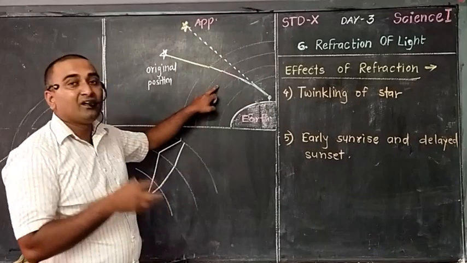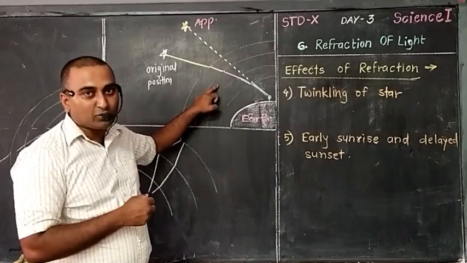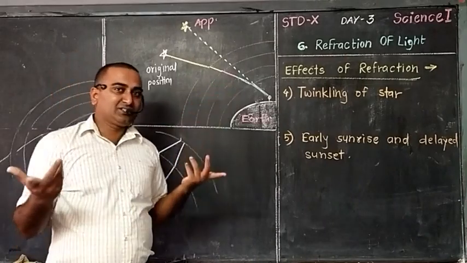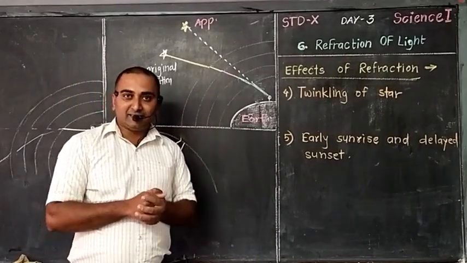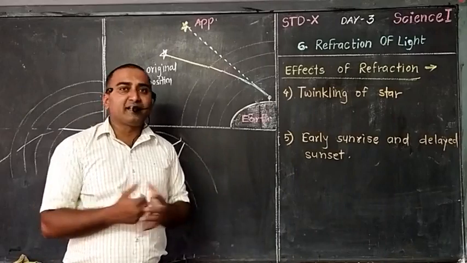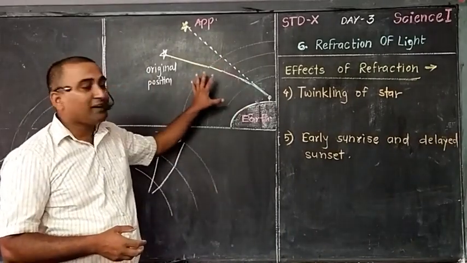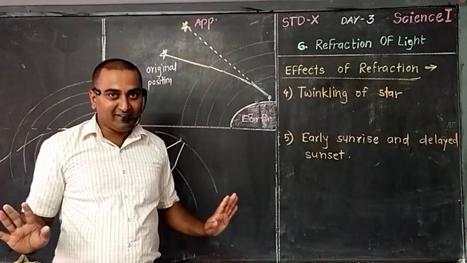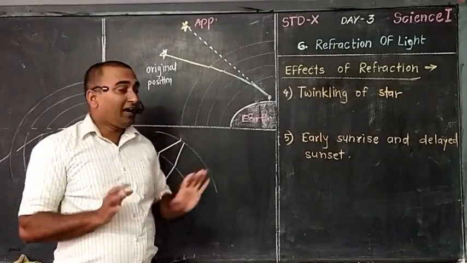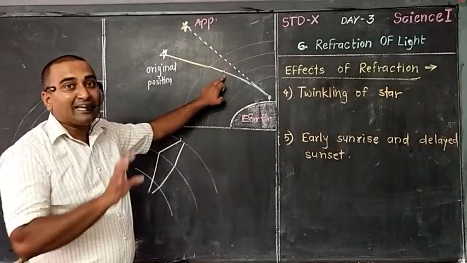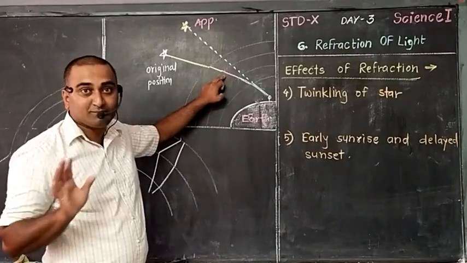Suppose in this layer the concentration of oxygen and nitrogen is more and here it is less, so density may differ, and as density differs, the refractive index is always changing. So the refractive index of the atmosphere is not constant everywhere, and because of this change, light will not travel in a definite path.